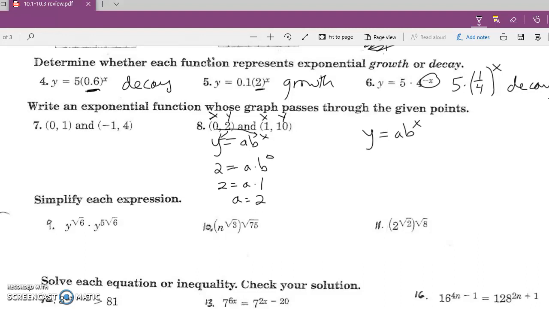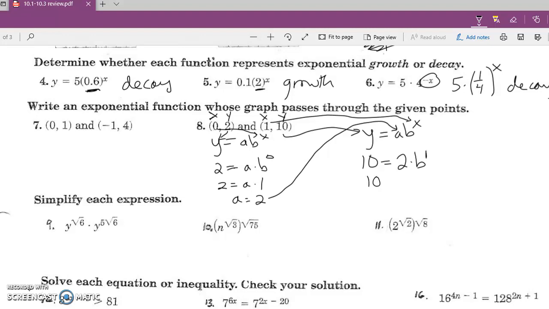Now I go to the second equation, and again, I plug in 10 for y, 1 for x, and this time I actually plug the 2 in for the a. So I get 10 equals 2 times b to the 1 power. And this time I'm trying to find b, of course.